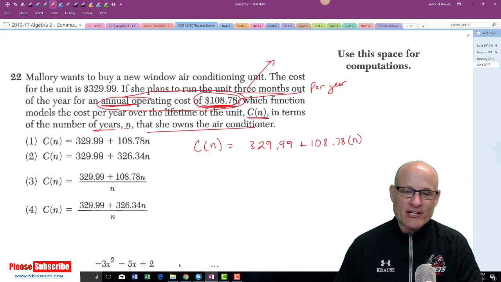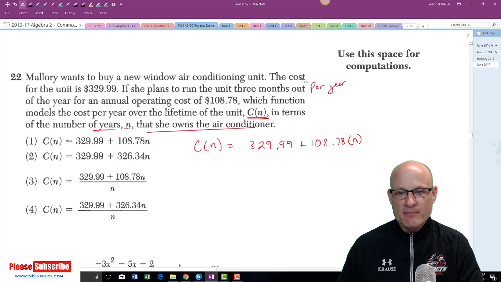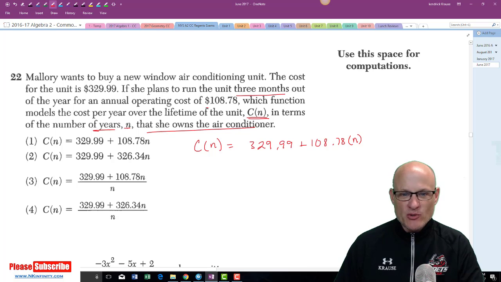Okay, so that's the total cost. Man, this problem was brutal. This problem was a lot of tricky reading here, kids. First of all, you had to understand that 3 months was meaningless. It's 3 months out of the year, but it still was an annual cost of $108. So this was totally superfluous information that we didn't need. And then, which function models the cost per year for N years? That's kind of tricky too.